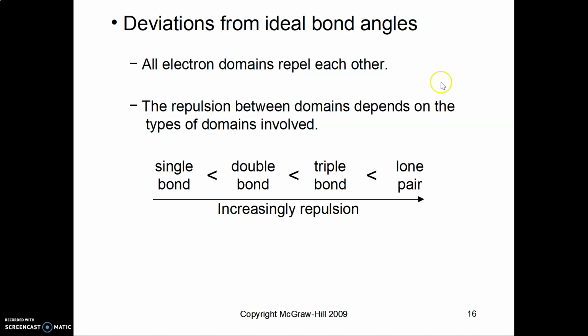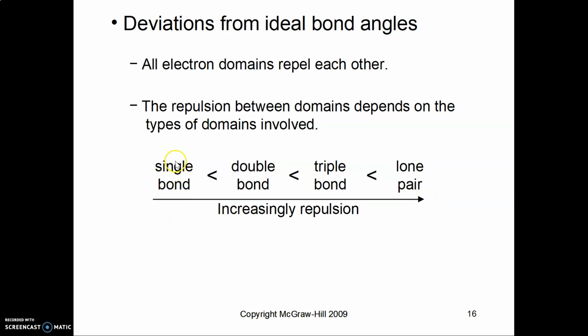So this is why we have the different shapes that we have. So all electron domains repel each other. Okay. But different types will repel more or less. So a lone pair will absolutely repel everything.